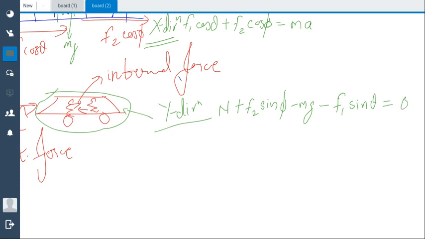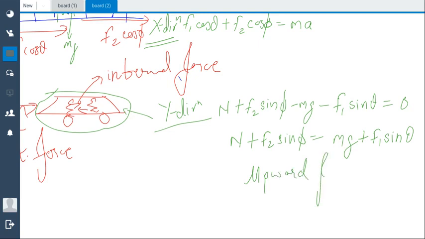So now simple. I can write N plus F2 sin phi equals mg plus F1 sin theta. In standardized language, I can write upward force equal to downward force. When the upward force is equal to the downward force, the body is not going to move in the vertical direction.